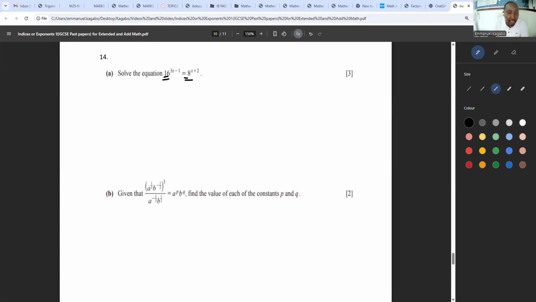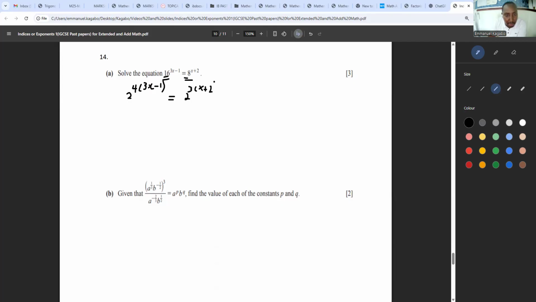Step 1, you have to express these in powers. So what is 16? 16 is 2 power 4, right? Then bracket 3x minus 1 equals 2, 8 is 2 power 3, bracket x plus 2.